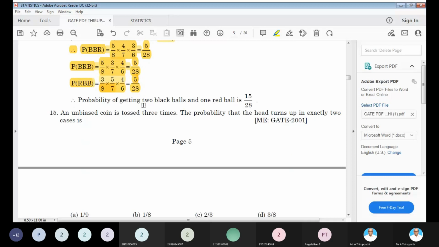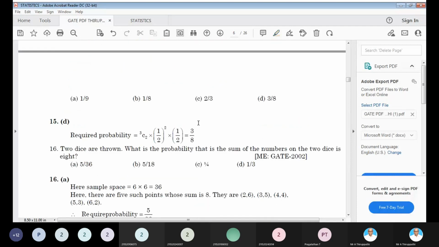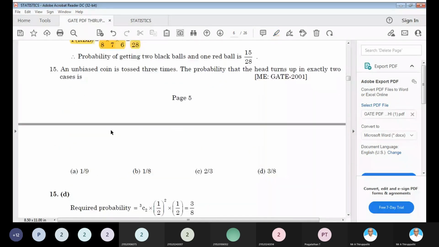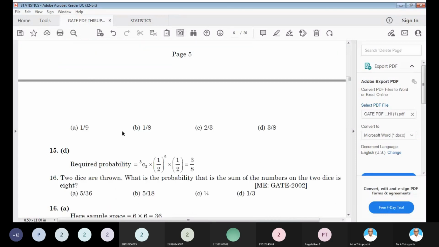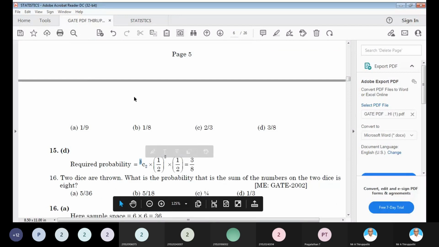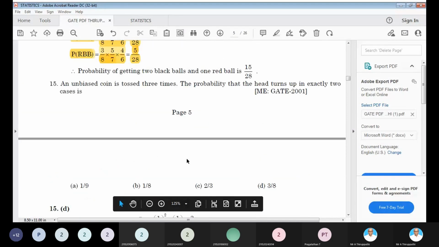Next. An unbiased coin is tossed 3 times. The probability that head turns up in exactly 2 cases. n is equal to 3. Head turns up exactly 2 times, so 3C2. What is the probability of obtaining head? 1 by 2. The probability of obtaining tail is also 1 by 2. And what is the success here?